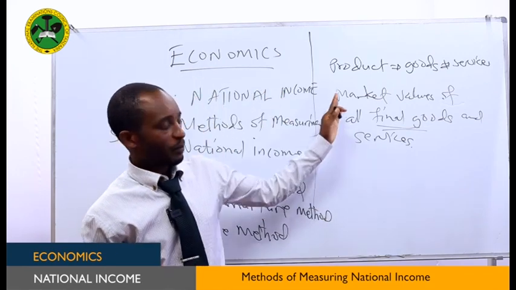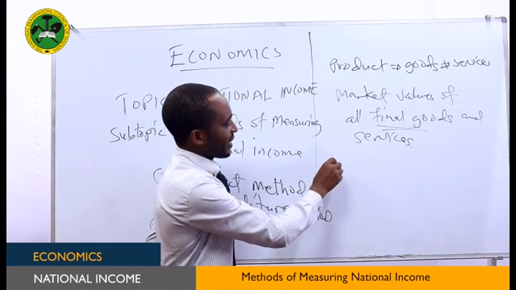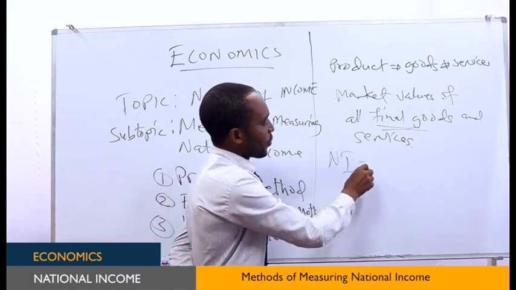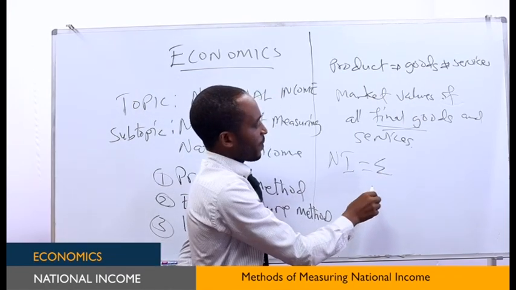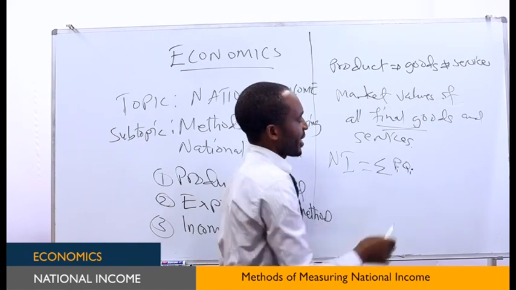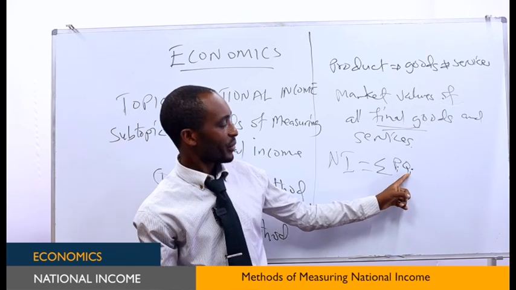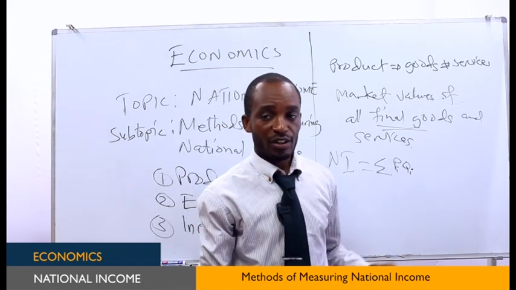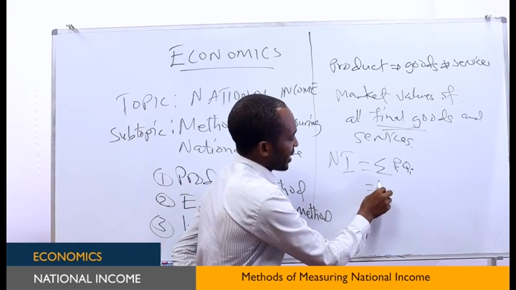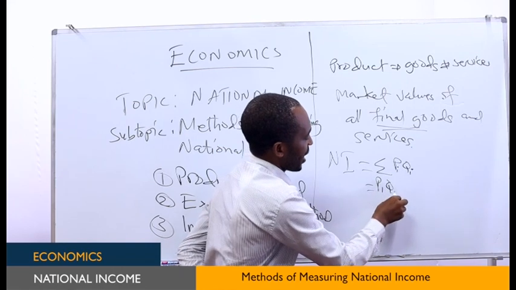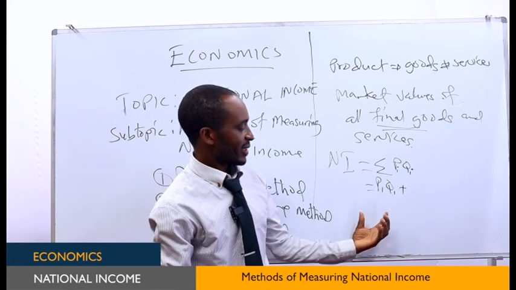So now how can we calculate the national income by using this product method? The national income will be equal to the summation of PiQi, whereby P is the price of a commodity and Q is the quantity of that commodity. So let's say you take the price which is P1 times Q1, plus, let's say we have another product, maize.